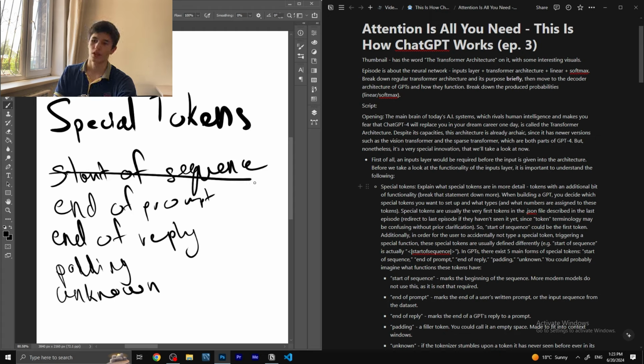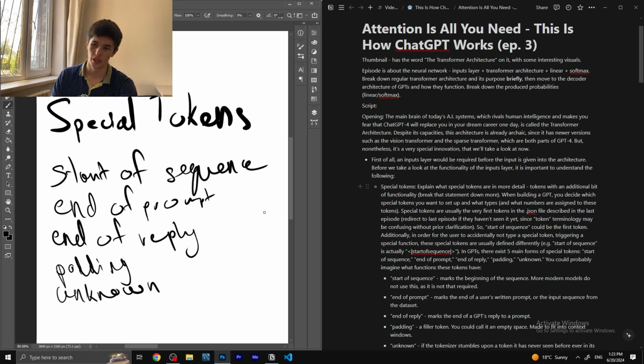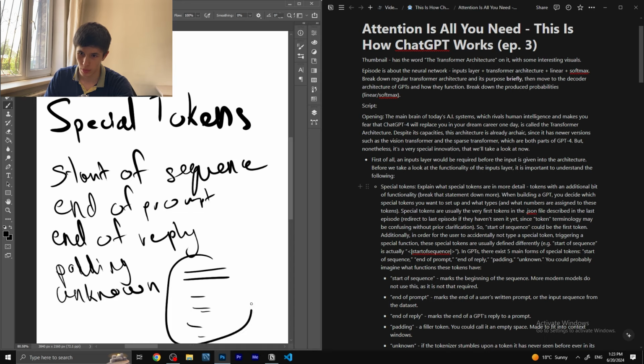Instead, these tokens are used to differentiate between what the user said and what the GPT said. If you're chatting with ChatGPT, you write something, then ChatGPT writes something, then you write something. It's not that it will look at one big blob of text and try to figure out who wrote what.